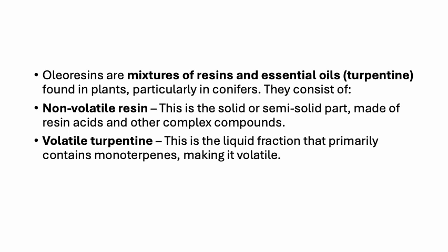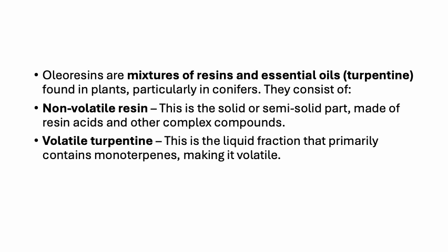Okay, Swati, you were saying option D. Non-volatile resin to volatile turpentine 50-50, right? So, one thing is that usually in these oleoresins, you have more of the non-volatile resin and less of the volatile turpentine. So, actually, none of these options are right.